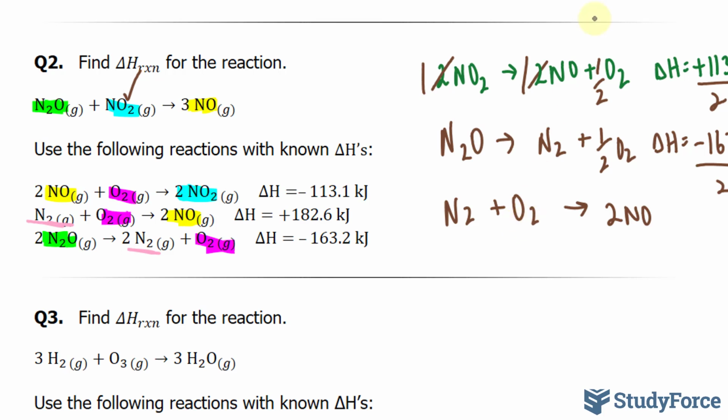So this oxygen molecule will cancel out with this half plus this half. This molecule of N2 will cancel out with this one. 1 NO here plus 2 NOs here makes 3 NOs. 1 NO2 corresponds to 1 molecule here, and 1 N2O corresponds to this molecule.